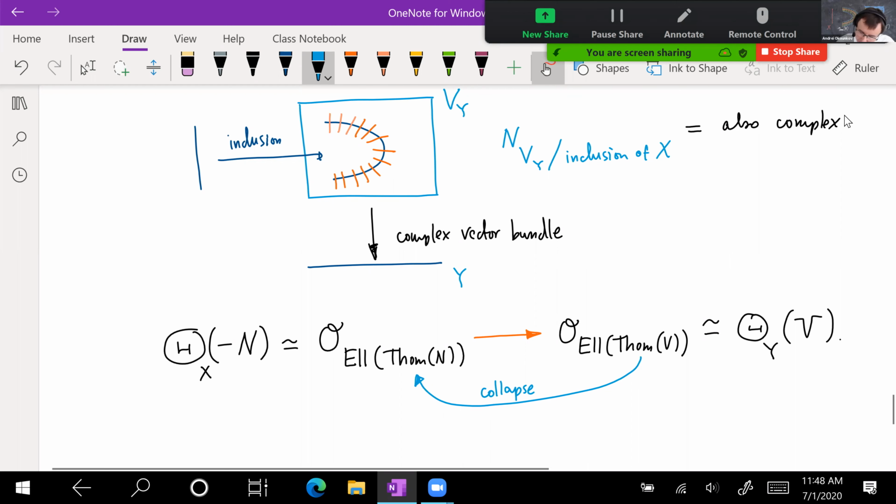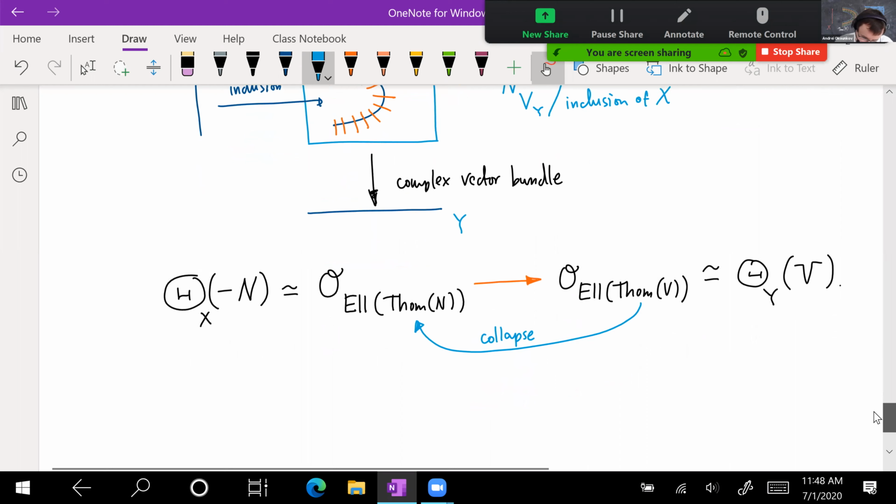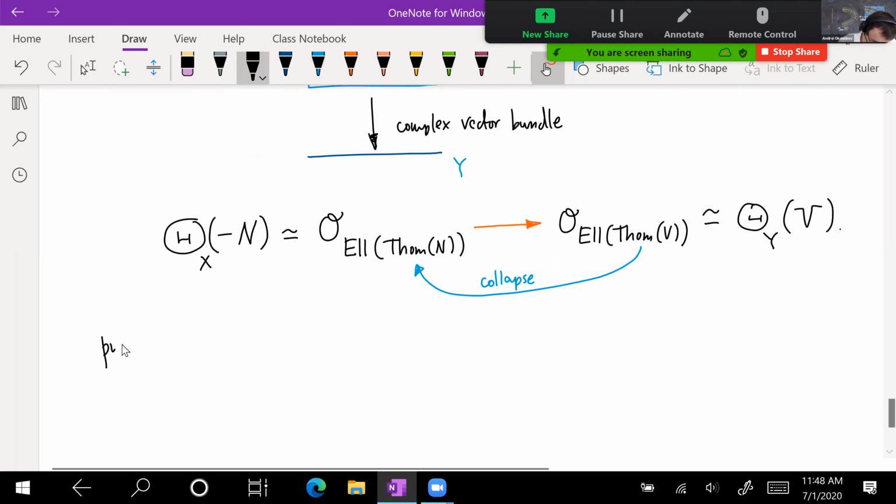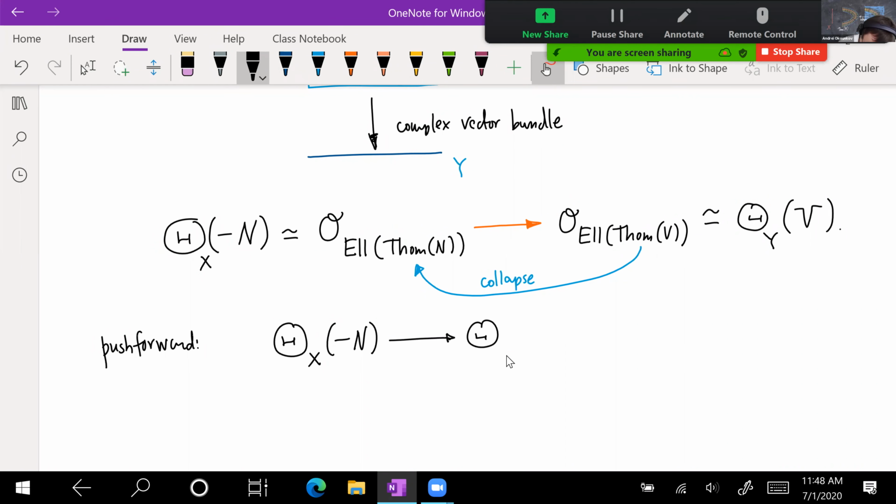And so the push forward is really a map that goes from the Thom space of the normal bundle to X, to the Thom space of this bundle V. Maybe I'll denote it with some kind of star.